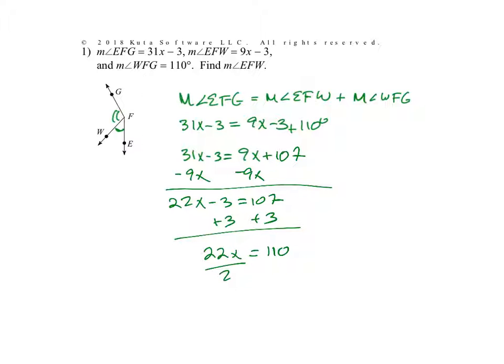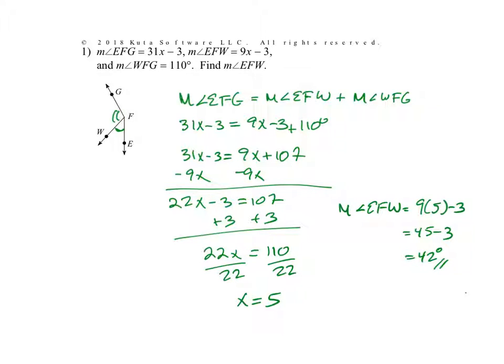I divide by 22 on both sides, so x equals 5. Now I plug that in here. The measure of angle EFW equals 9 times 5 minus 3, so 45 minus 3 equals 42 degrees. And that's my answer on this exercise.